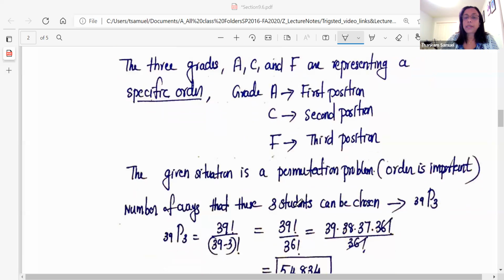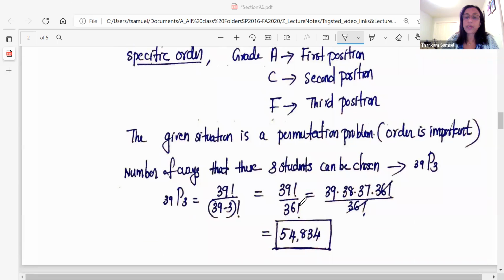So the number of ways that the 3 students can be chosen is 39P3. So 39P3 equals 39 factorial divided by 39 minus 3 factorial, that is 39 factorial divided by 36 factorial.